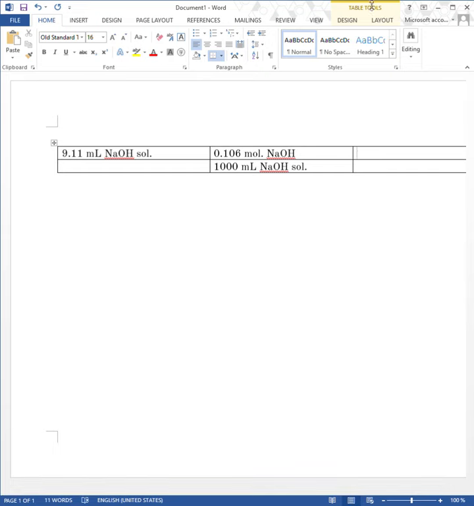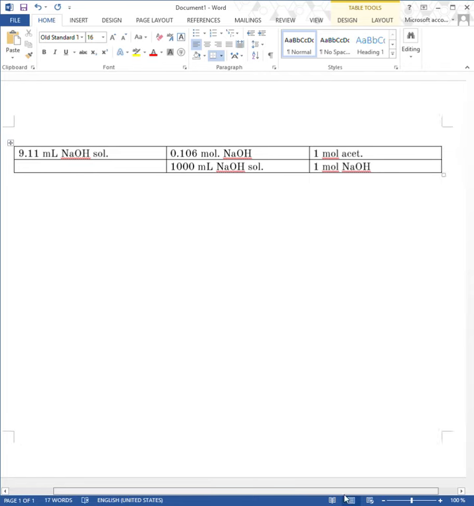So that means it's going to take 1 mole of sodium hydroxide to get us, or it'll be equivalent to, 1 mole of, and I'm not writing out acetylsalicylic acid, so we're just going to write acet. Okay? Cool, great.